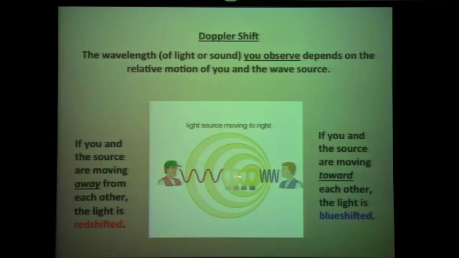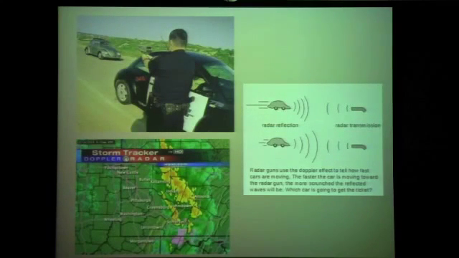If the source of the light is moving toward the observer, the light would look bluer rather than redder. So we call that blue shifted or red shifted. That's the terminology, and we use that language even if it's sound. Okay. You're also familiar with this with highway patrol officers using their radar guns.